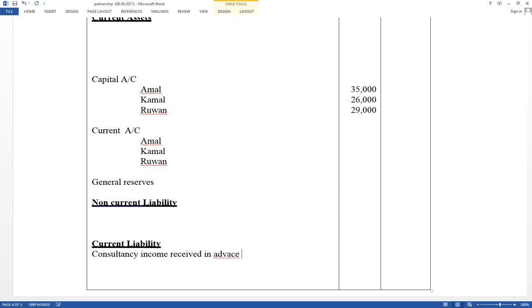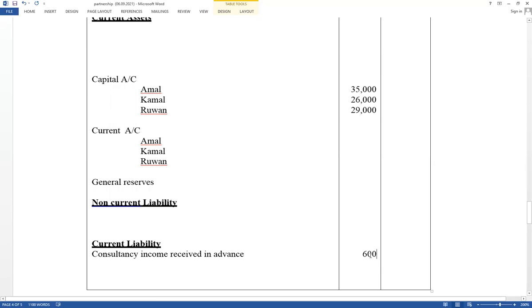Think, income received in advance is a liability. Consultancy income received in advance, liability 600,000. Very, very important: the correct consultancy income value should be included in the income statement. That part I will discuss later.